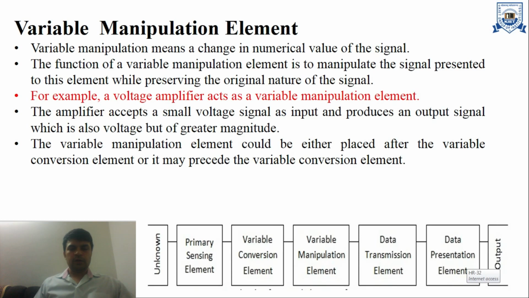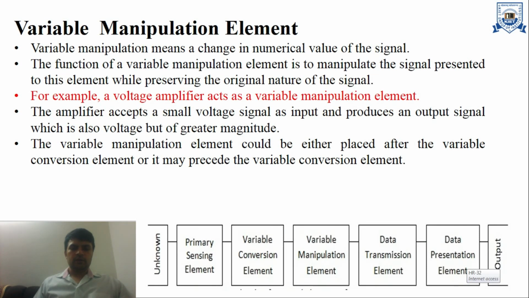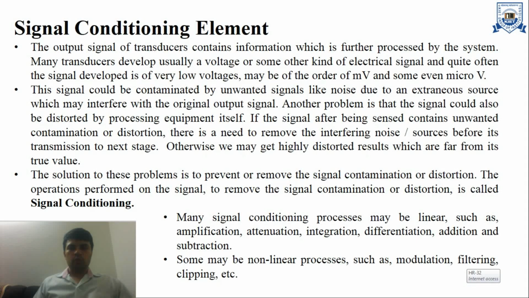The variable manipulation element could be placed either after the variable conversion element, or it may precede the variable conversion element. Then we have the signal conditioning element, which is not shown in the block diagram. The output signal of transducers contains information which is further processed by the system.